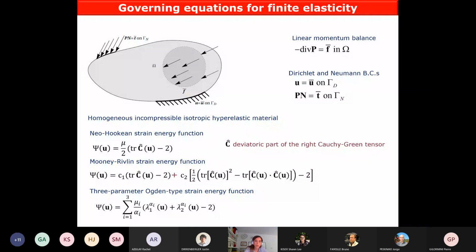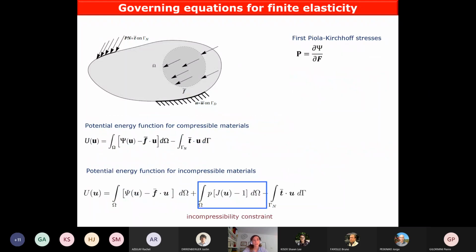So a neo-Hookean model, a Mooney-Rivlin type model, and a three-parameter Ogden type model. The potential energy function in the two cases is shown here. In the case of incompressible materials, the difference is related to an additional term that is the incompressibility constraint that has to be fulfilled.